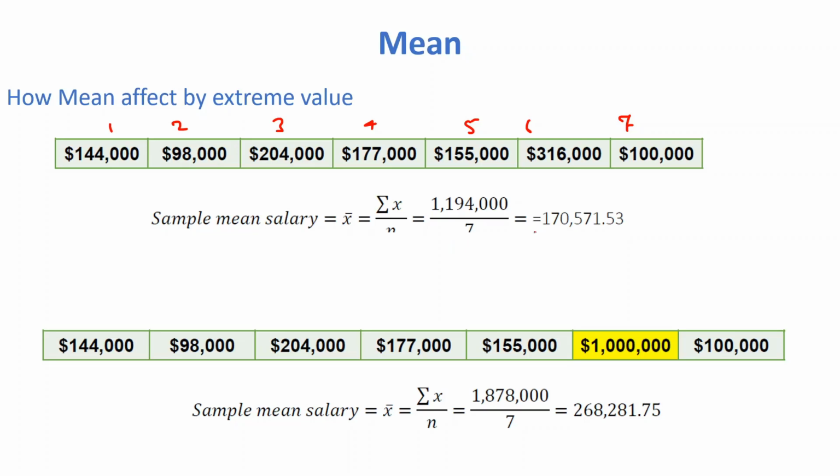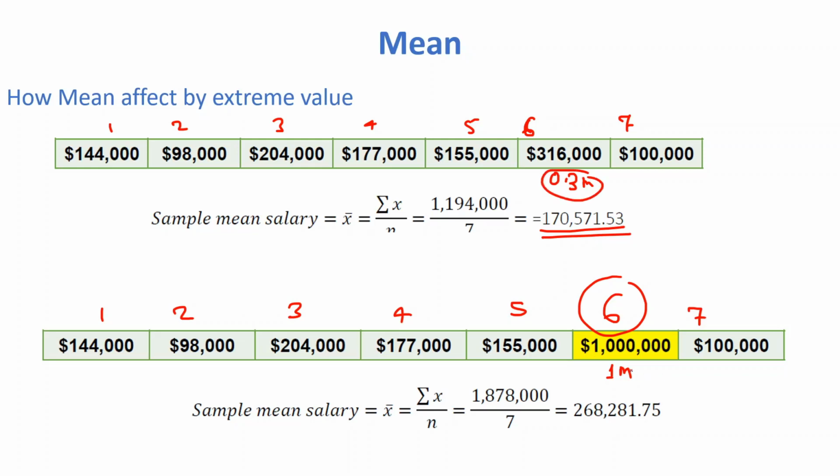If we calculate the mean of those employees, then we get the average salary, which is approximately 170,000. If any employee, let's say the sixth employee, has a salary of 1 million, earlier this employee had a salary of around 0.3 million, but now his salary is 1 million.